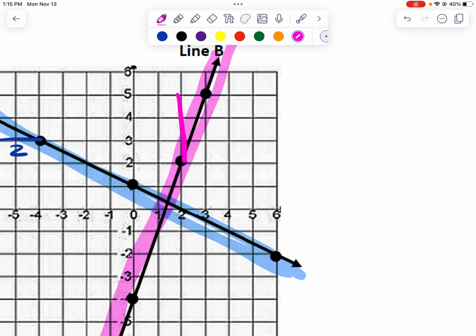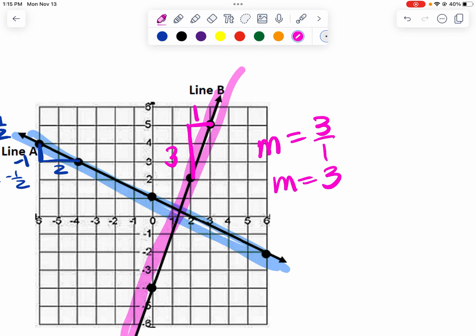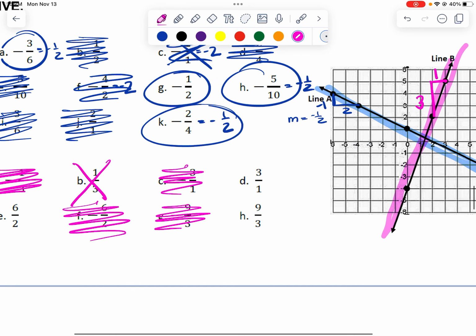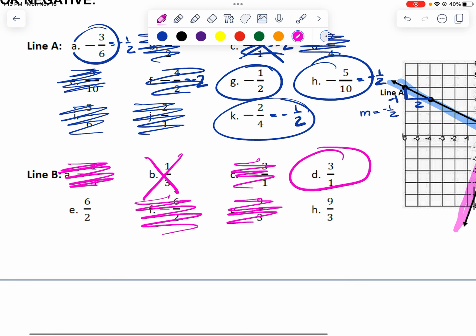This goes up 1, 2, 3. It goes over 1. So the slope of this is 3 over 1, which is 3. So I come over here. 1/3. Nope. 1/3 is not the same as 3. 3 over 1 is, though, 6 divided by 2. This one, that is it. 3 divided by 3, yes.